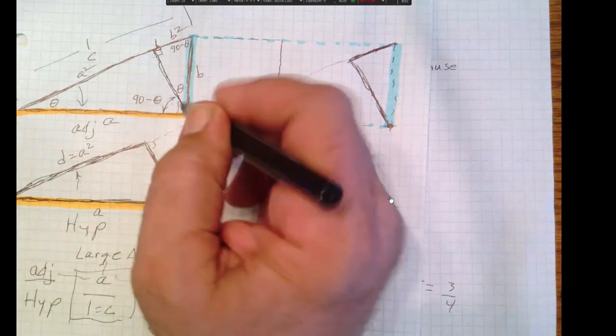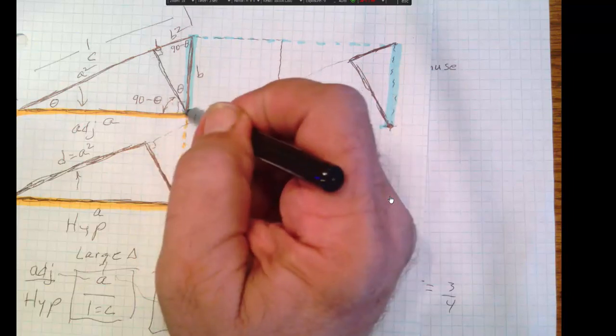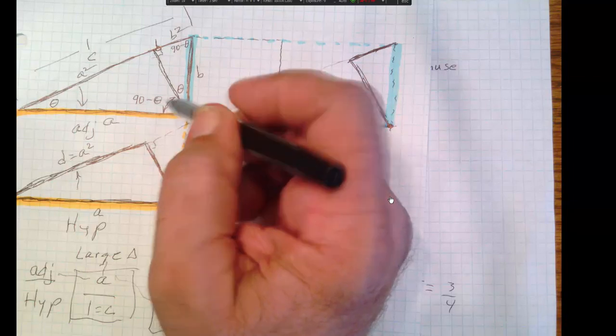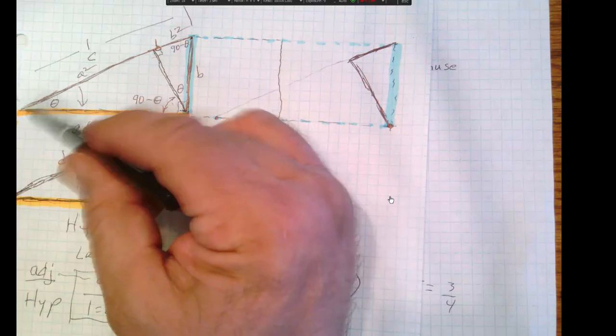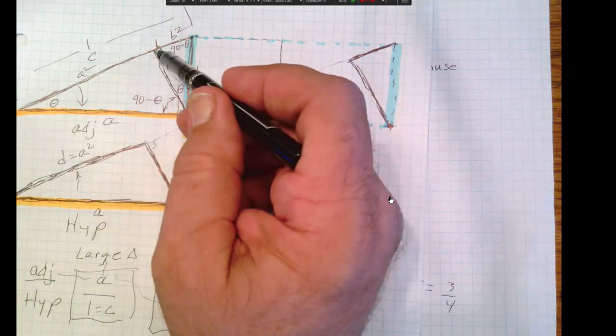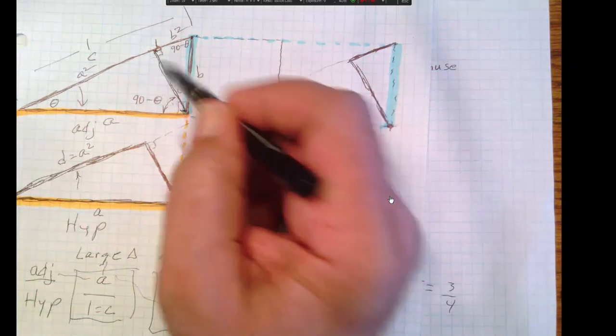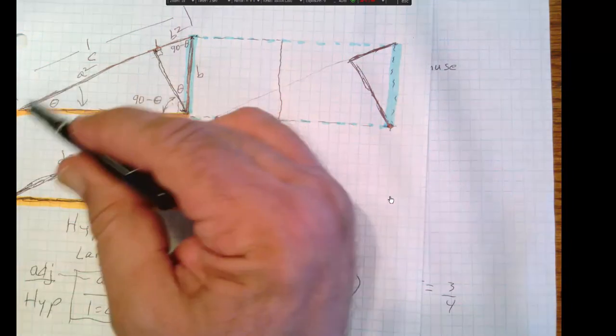Well, first of all, as an aside, this line segment could be thought of as an altitude. If you chose the hypotenuse here as the base of this triangle, then this line segment would be an altitude with respect to that hypotenuse.